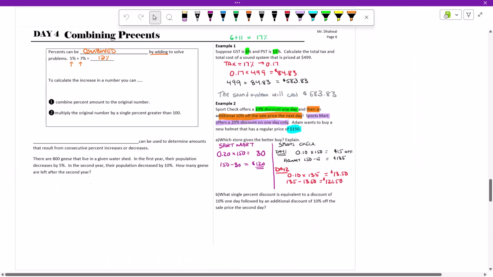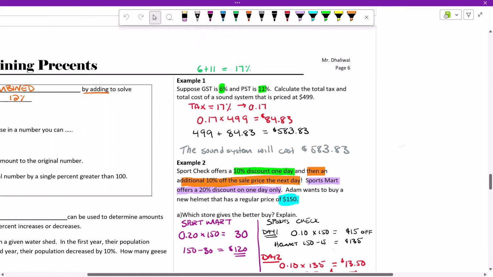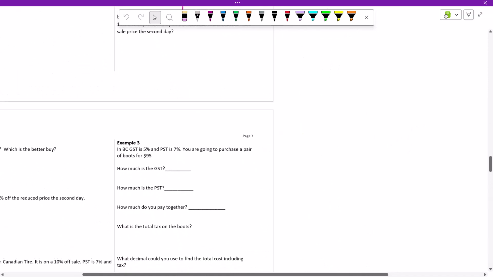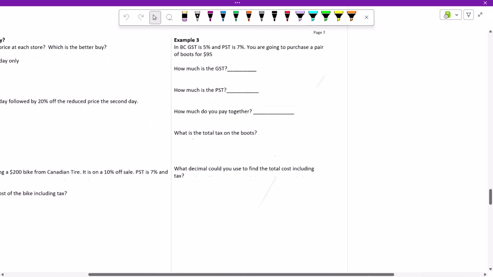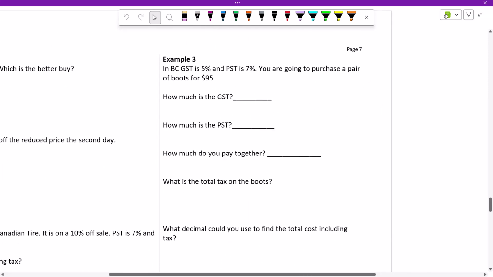Okay, so let's go to example 3 on the next page. We're going to kind of bounce around here. All right, so here goes the question. In BC, we have two sets of taxes. One's called the GST, that is 5%.